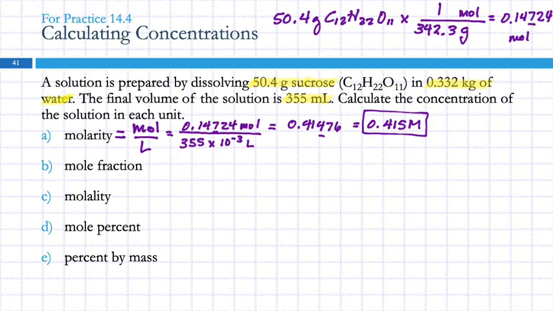So we were given a mass of water in kilograms, 0.332 kilograms. So I can sub 10 to the 3 in there for the kilo, and that's grams of water. So I'm going to convert to moles using the molar mass of water.